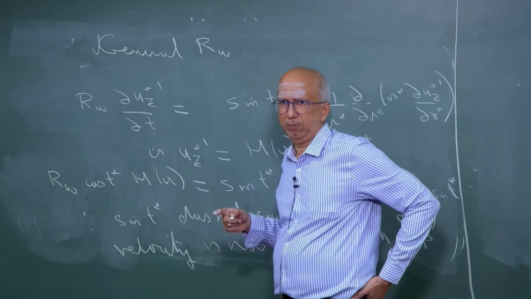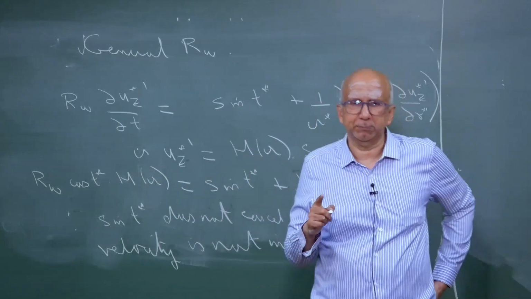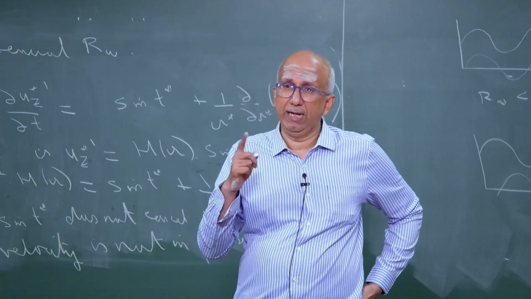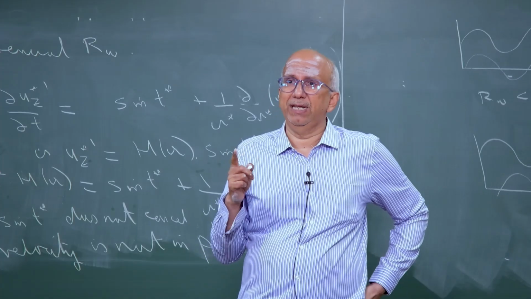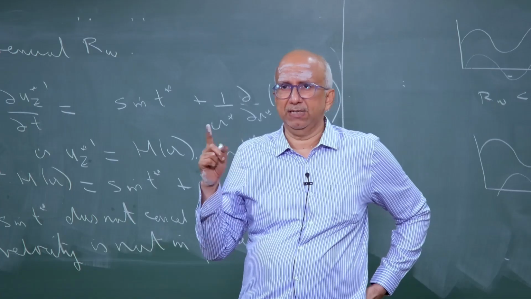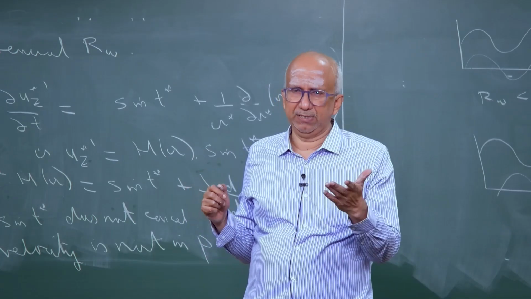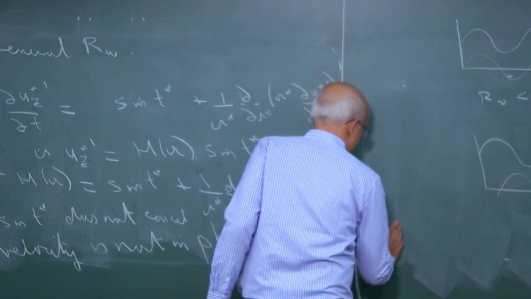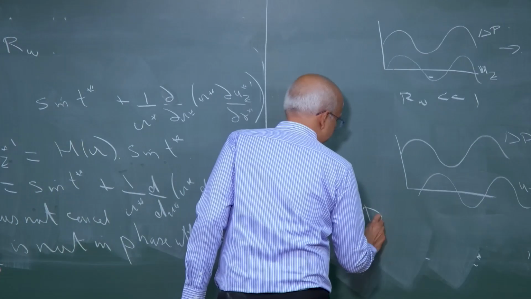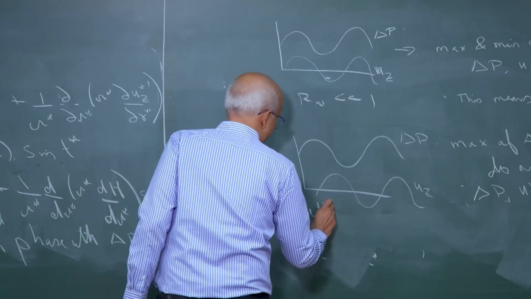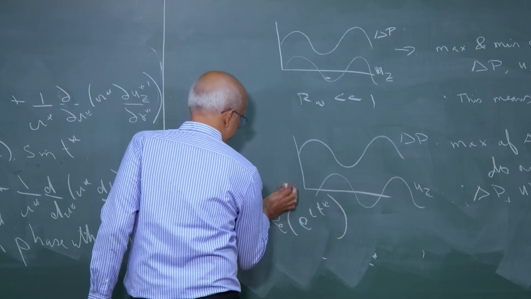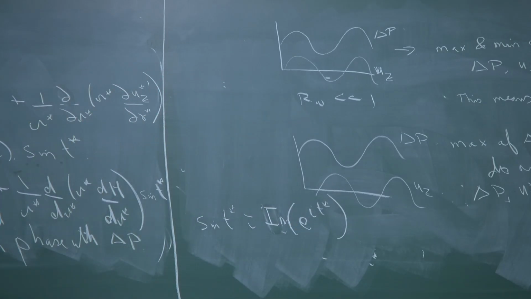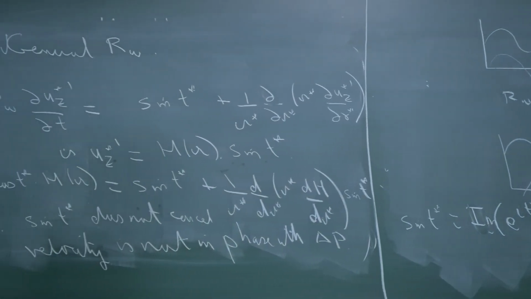So one way to overcome this problem is if this is written in terms of an exponential function, because an exponential function on differentiating gives me the same exponential function. And if you remember, we can write e power i t as cos t plus i sin t. So you can convert this non-homogeneity: sin t star is the imaginary part of e power i t star, right.